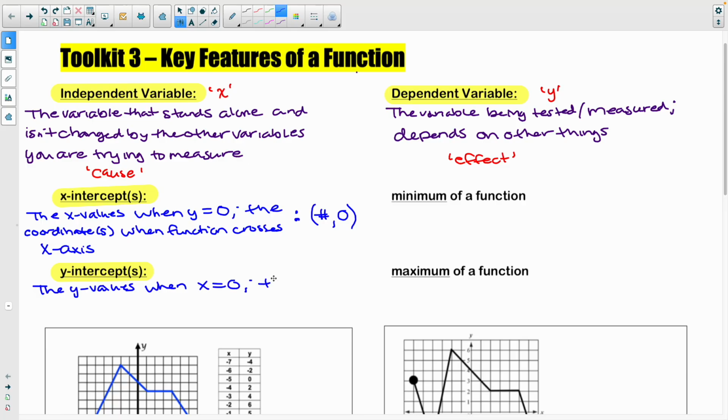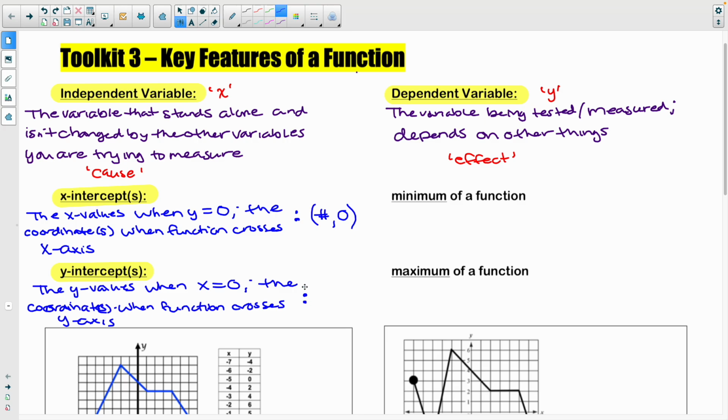And these are the coordinate or coordinates when the function crosses the y-axis. Now again, in an actual function, you should only have one y-intercept.